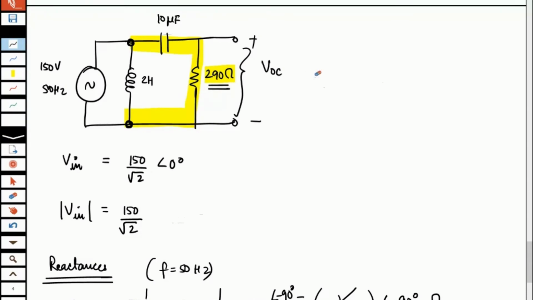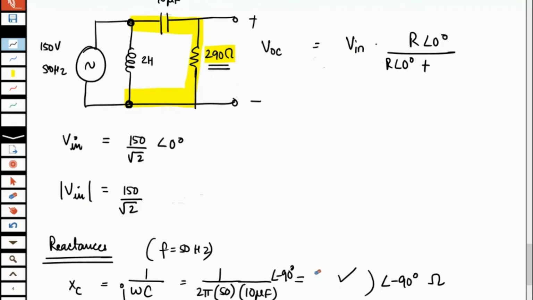That means VOC can be written as V in, again this is a phasor, R angle 0 upon R angle 0 plus whatever value came, let me call this mod XC, mod XC angle 90.